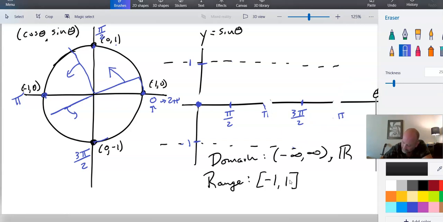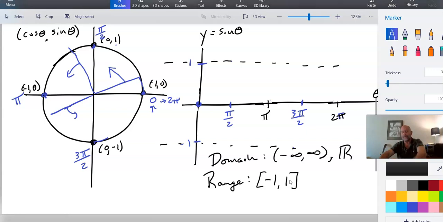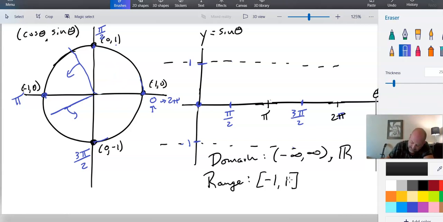I can relabel a couple of things. Okay, that goes there. That was pi. That was 2 pi. And we'll just connect that back up. Okay, now let's see if we can do the same thing with cosine. I'm going to get these guys off of here too. So it's making that a little messy.